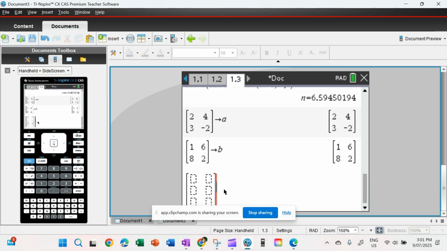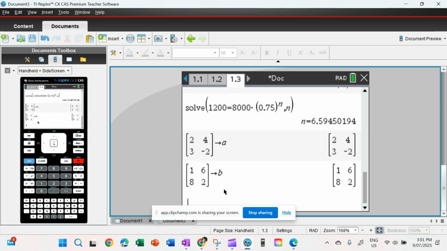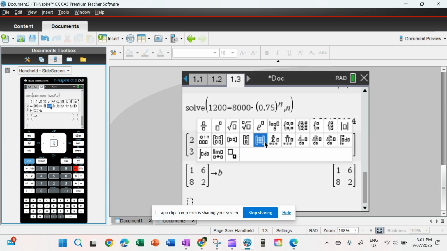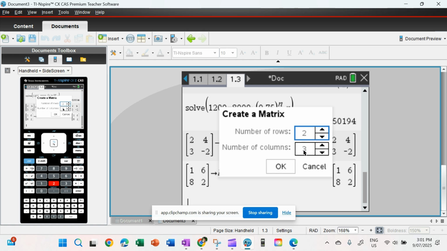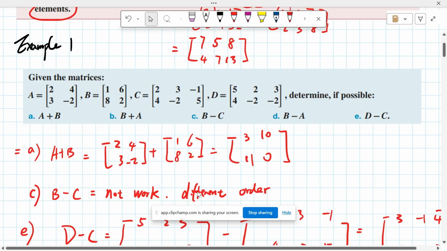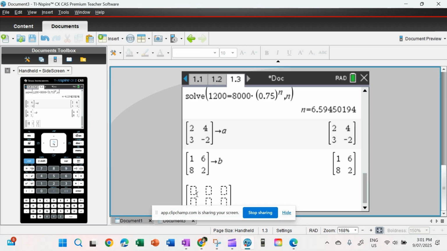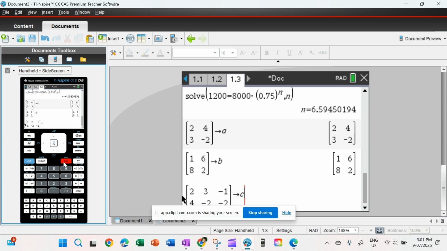Sorry guys, my mistake. So we press that 2 by 3 matrices. So 2, 3, minus 1, then 2, 3, minus 1. Next one will be 4, negative 2, and column 3, which is C.